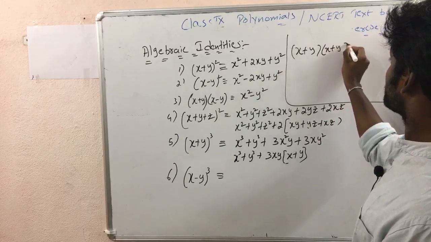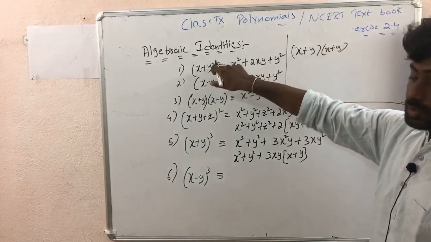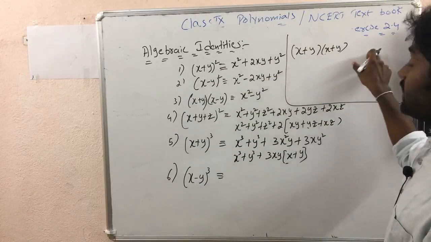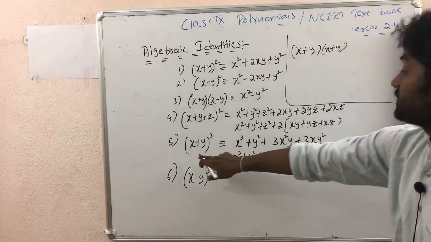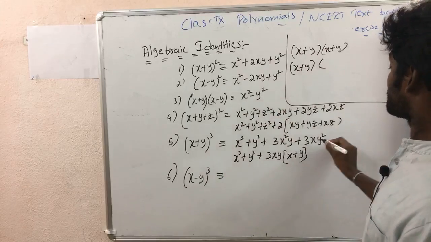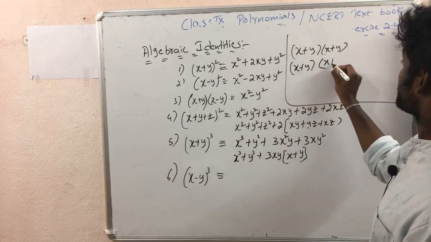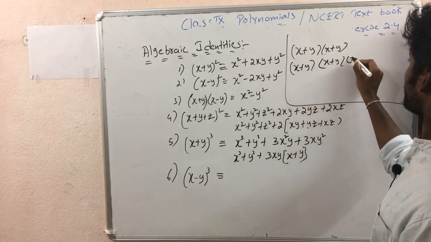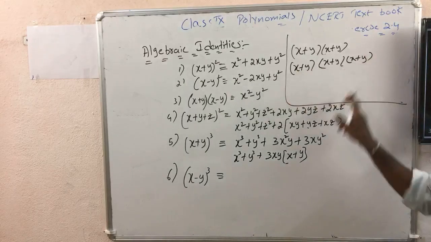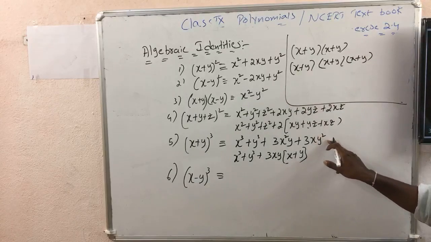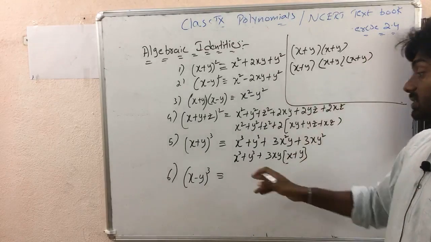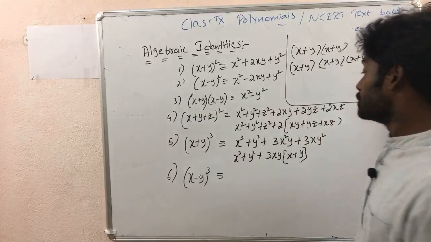On multiplying x plus y two times you will get the answer, adding the like terms. Similarly, x plus y whole cube means x plus y into x plus y into x plus y. That means you are multiplying x plus y three times, and you will get this answer by adding the like terms. Don't worry about this.